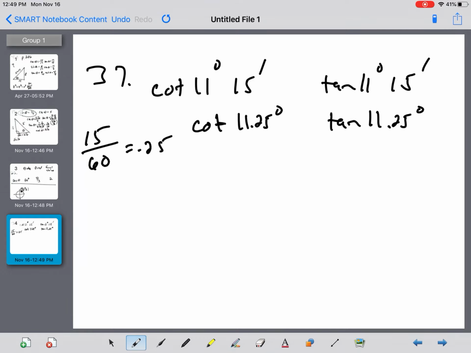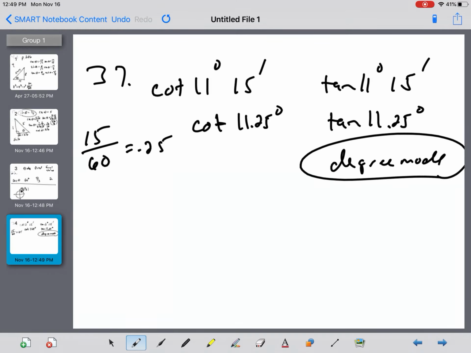If I look on the calculator, I make sure that I'm in degree mode. So make sure you're in degree mode on the calculator. And you do tangent of 11.25 and hit enter, you get 0.1989. Now the cotangent button isn't there, but these two are reciprocals of each other.